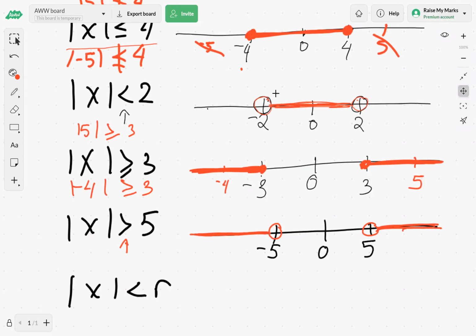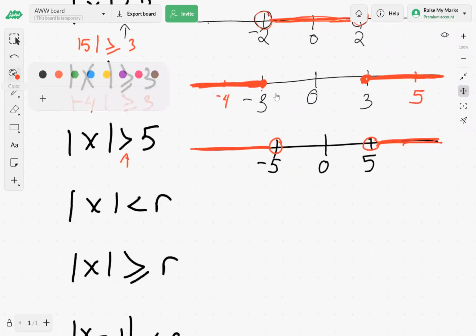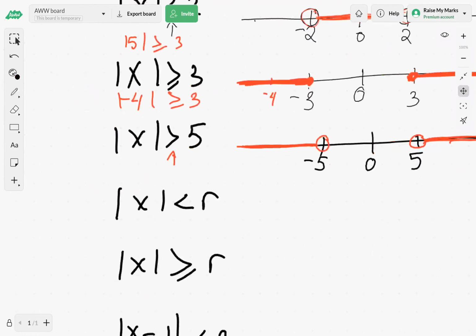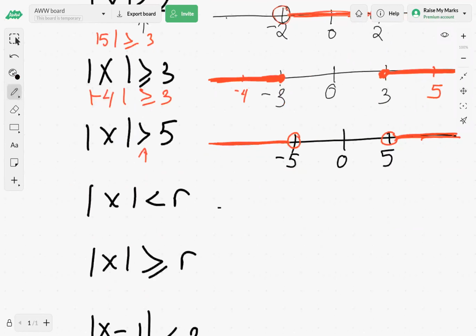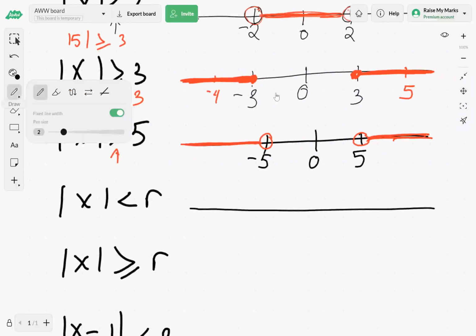Good. So in general, we can make some conclusions. For a general number line where absolute value of x is less than r, so r is some positive number, we'll think of r as our radius. Our number line is going to be centered at 0.